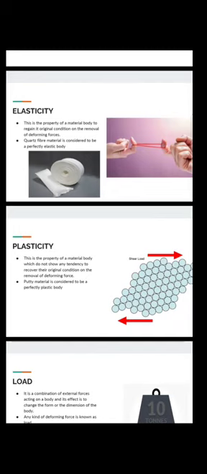Plasticity is the property of a material body which does not show any tendency to recover its original condition on the removal of the deforming force. Just like the rubber band example, when it has passed its elastic limit and gets to its plastic point, such a body might not have the tendency to go back to its original form.